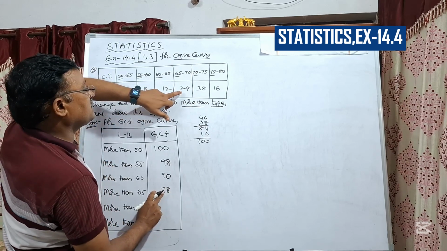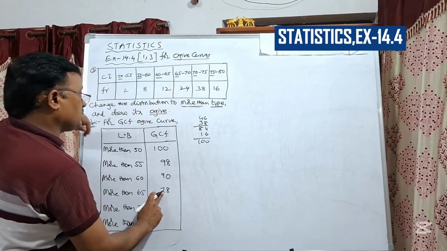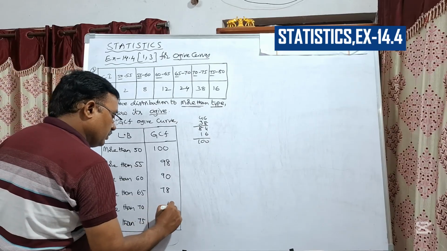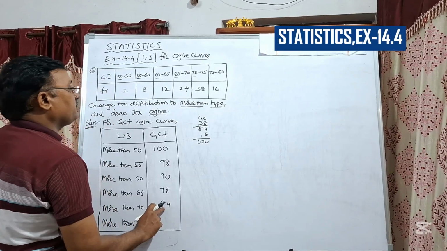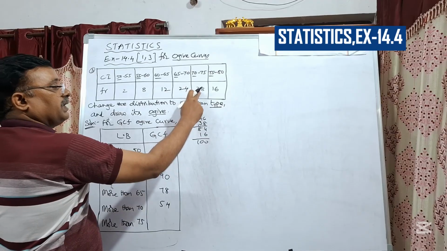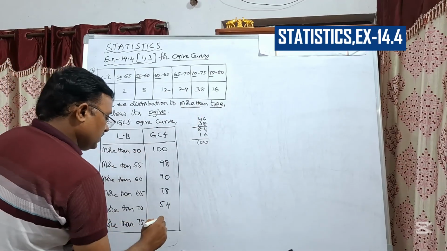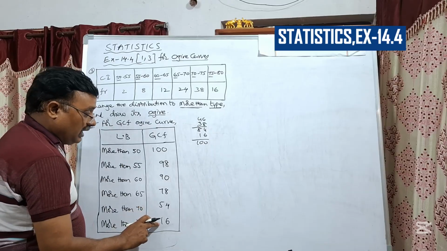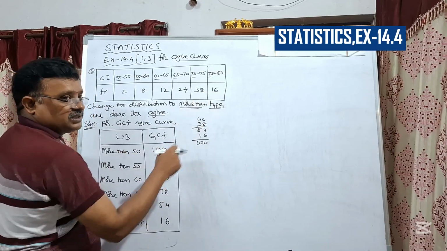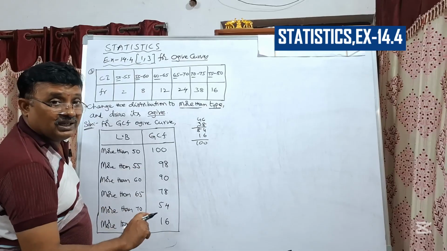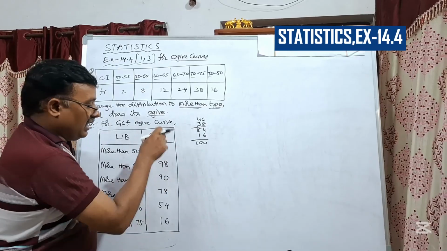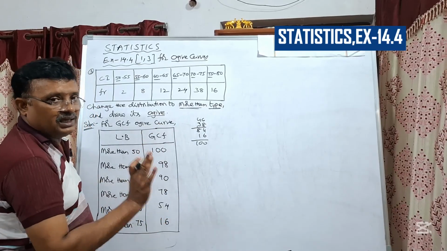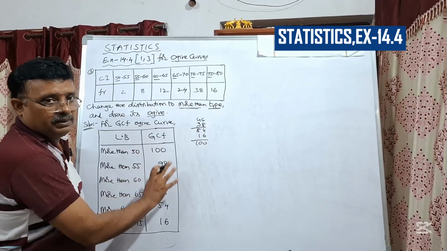This minus the next value, 78 minus 24, that is 54. 54 minus the next value, 38, will become 16. Understood? So the last value will become the last frequency. If both are matched, our calculation table is correct. Otherwise there will be a mistake.